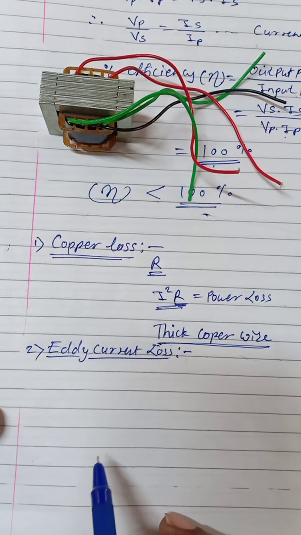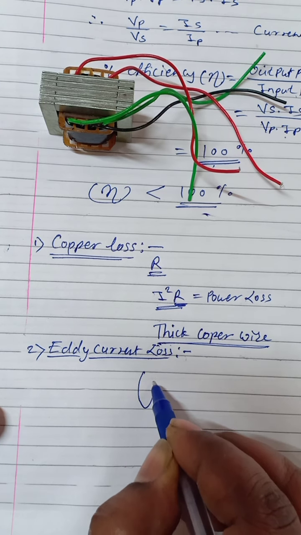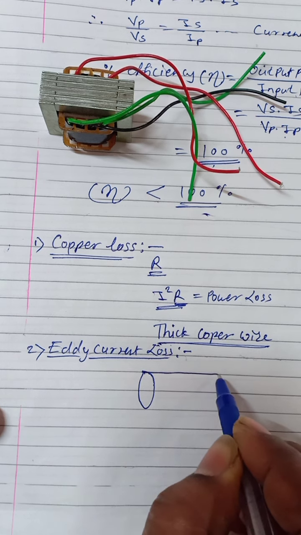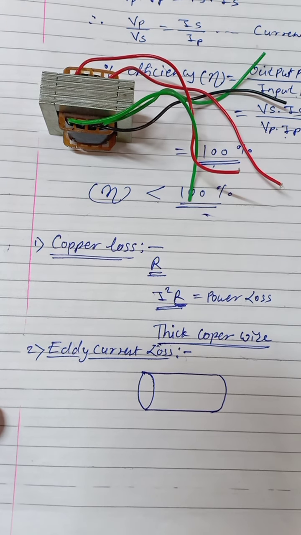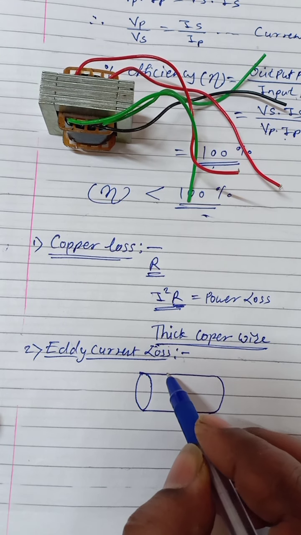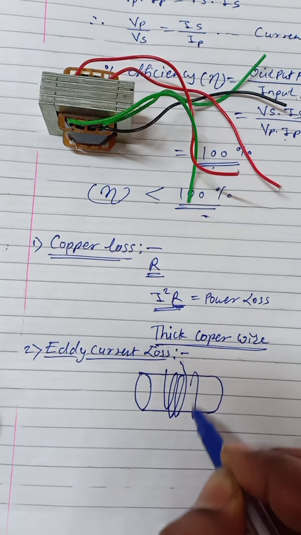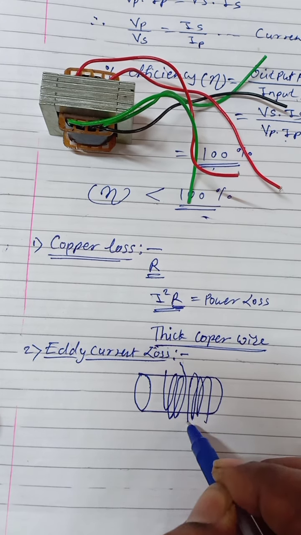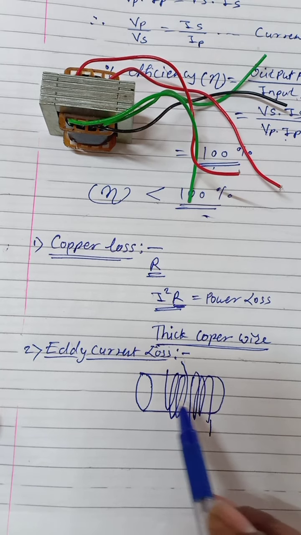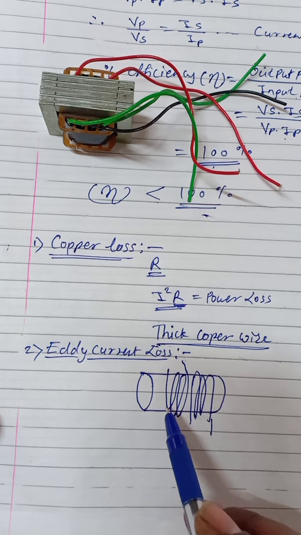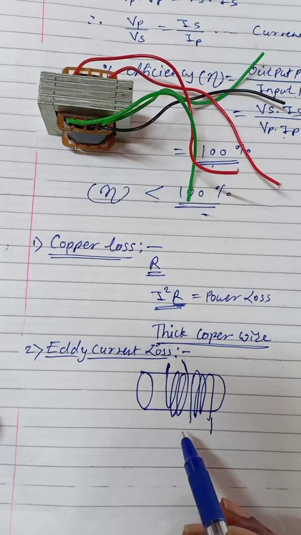But if we select an iron core like one iron rod, and there is a primary wound on this core and a secondary also wound on this core, provided that these wires and the iron core are isolated from each other and not in physical contact.